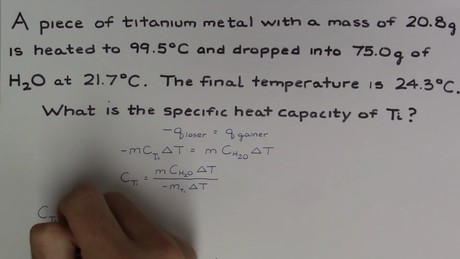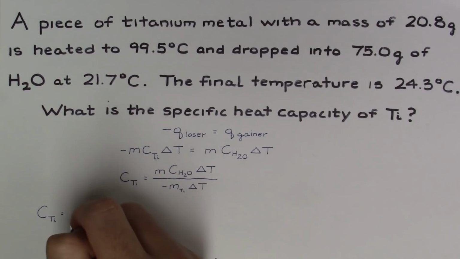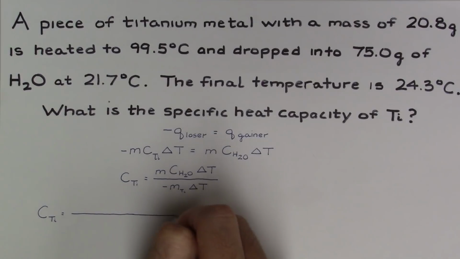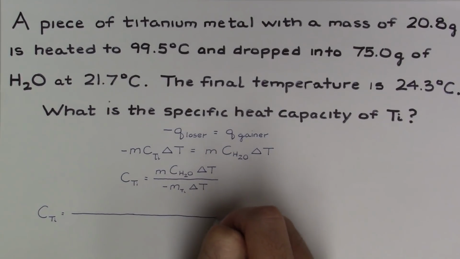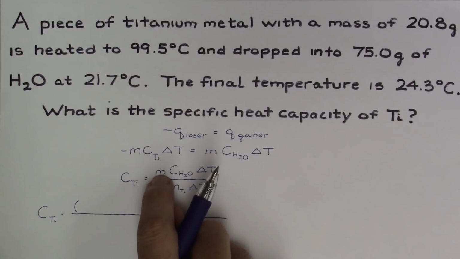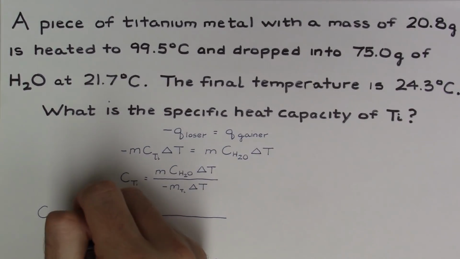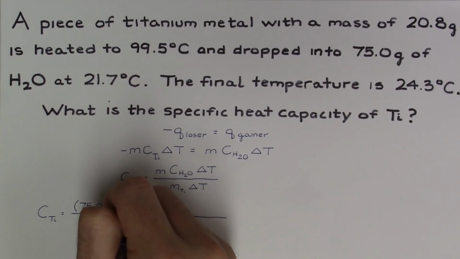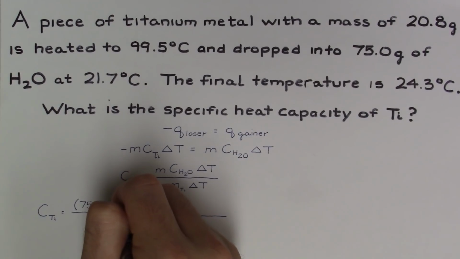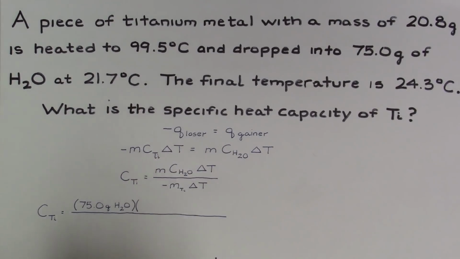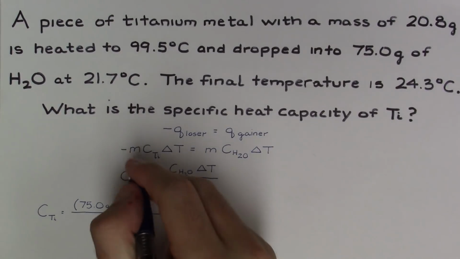So now we can look to see if we have all of the variables for this equation. First off, we need our mass of our water, and that is 75 grams. Even though it's not listed, we now need to put in our C for our H2O.